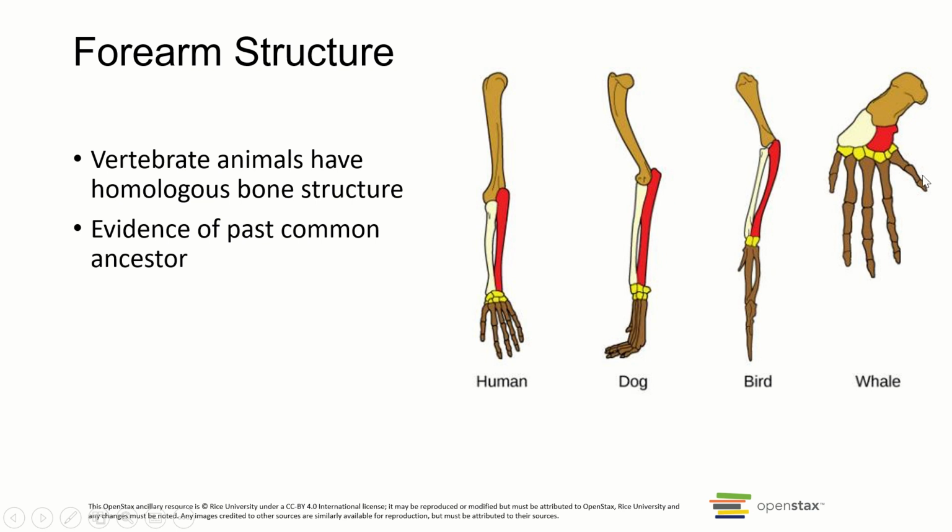And all of these organisms, human, dog, bird, and whale, all have the same bones, slightly modified depending on their evolutionary history, their lifestyle, and their environment. These are evidence of a common ancestor. It's not proof. None of these things individually proves ancestry. But when you take all of this evidence together, it points to a common ancestor. And more importantly, it doesn't point toward anything else.